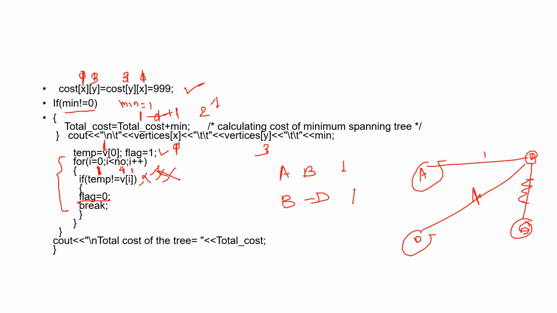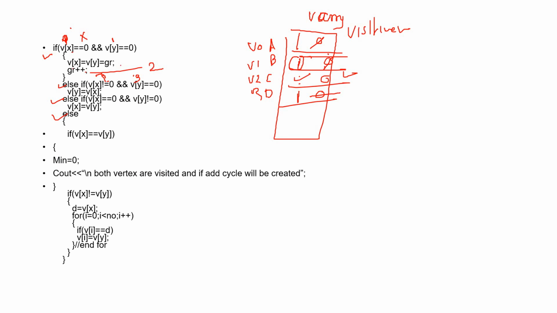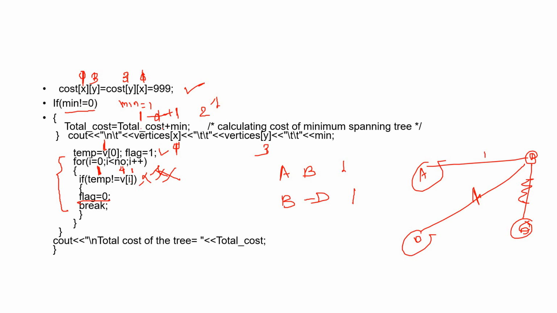Now i will become 2, so temp is 1, v of 2 is right now 0. So this condition is true, because temp value is 1 and v of 2 is 0, not equal. Now again we are making flag equal to 0, which indicates that we have still not visited all the vertices. So far we have not visited C vertex, C vertex still remains.